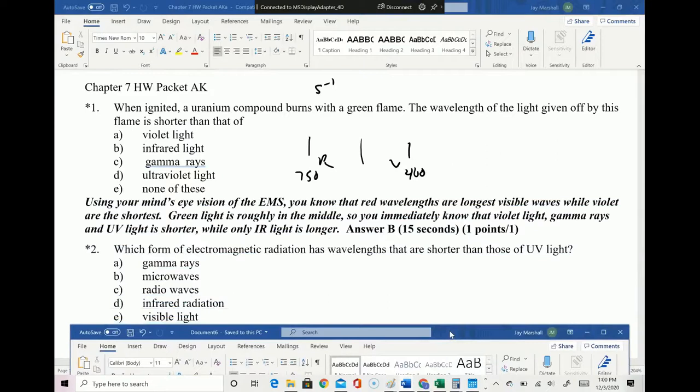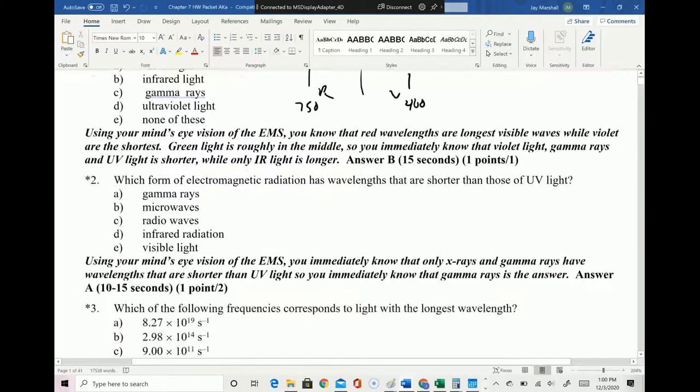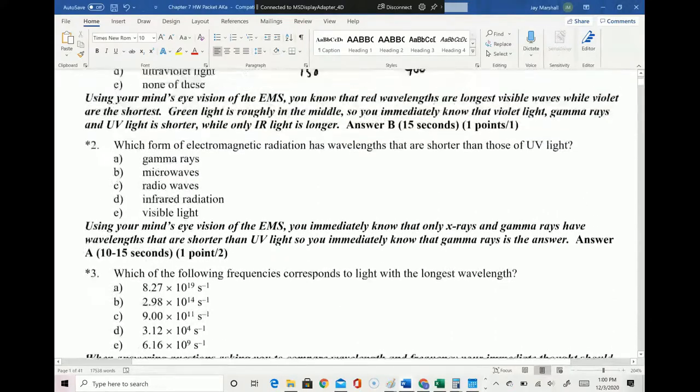Which form of electromagnetic radiation has wavelengths that are shorter than those of UV light? Gamma rays. Gamma rays, right? Everything else is longer than that. Okay, which of the following frequencies corresponds to light with the longest wavelength?